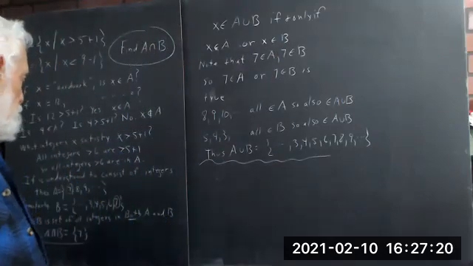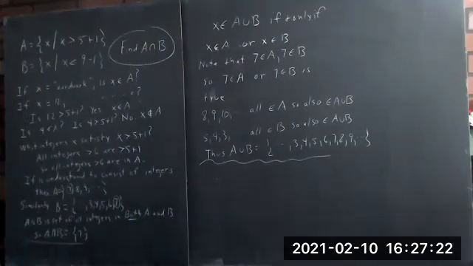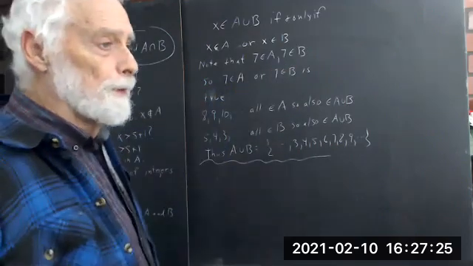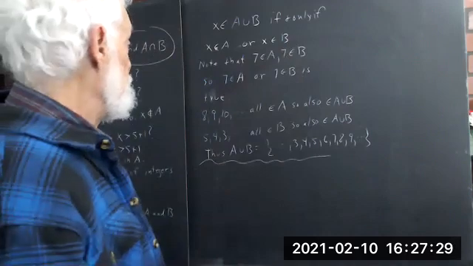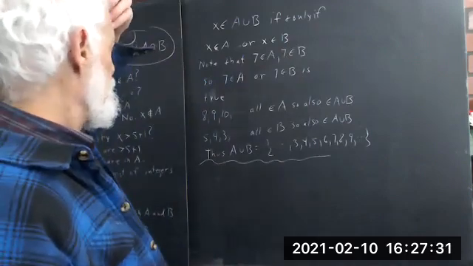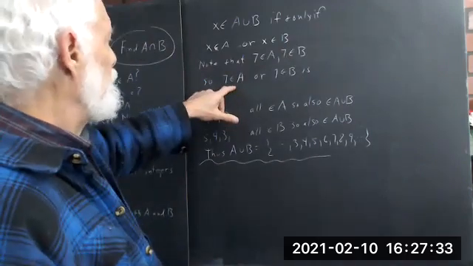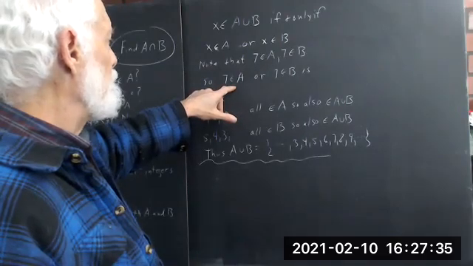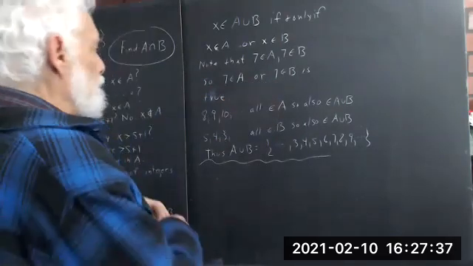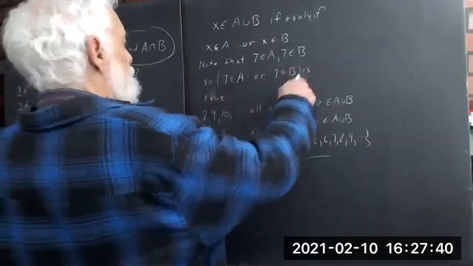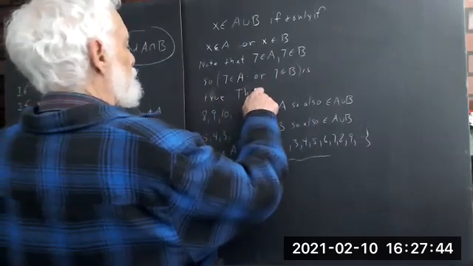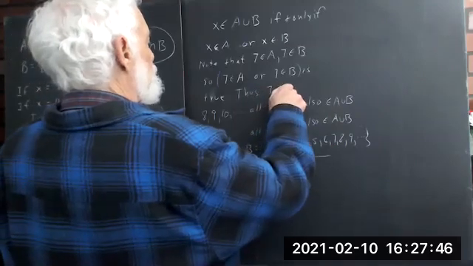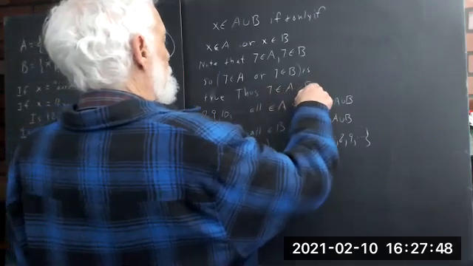So we can note that 7 is a member of A and 7's also a member of B. Since 7's a member of A and 7's a member of B, the statement 7's a member of A or 7 is a member of B is true. We can say that thus 7 is a member of A union B.